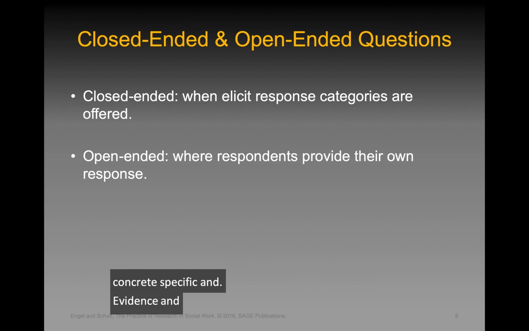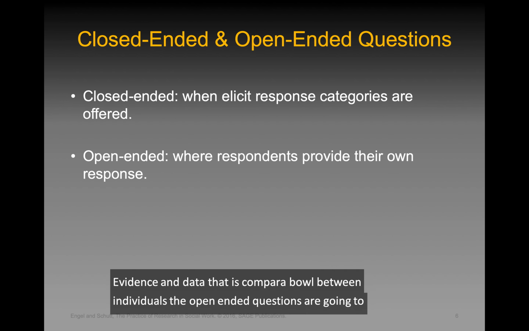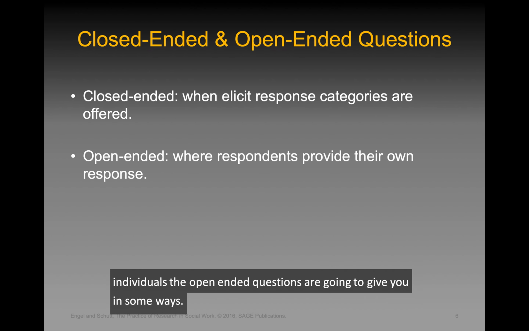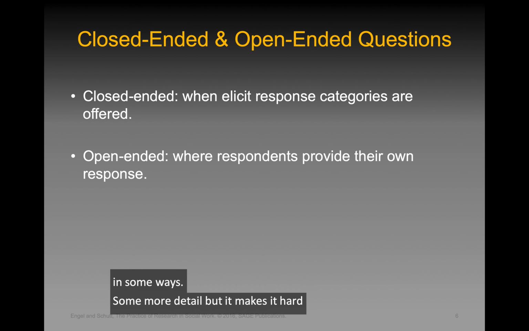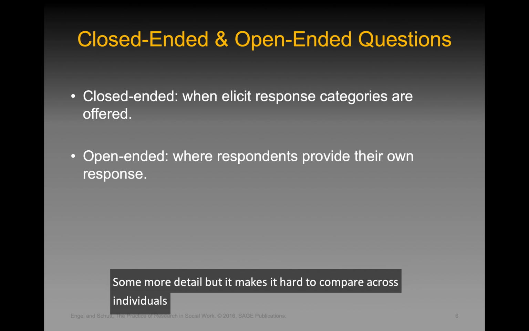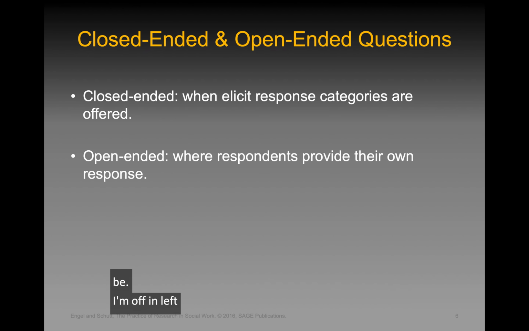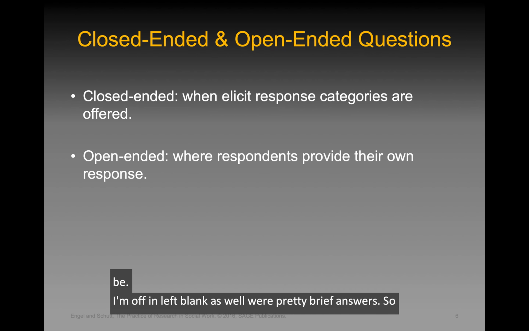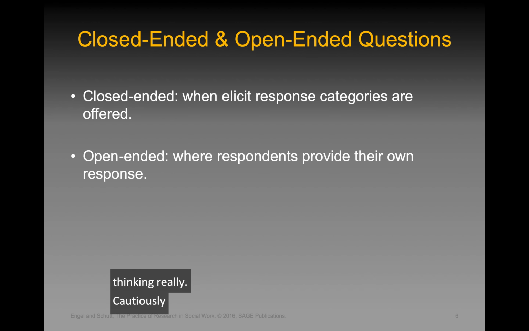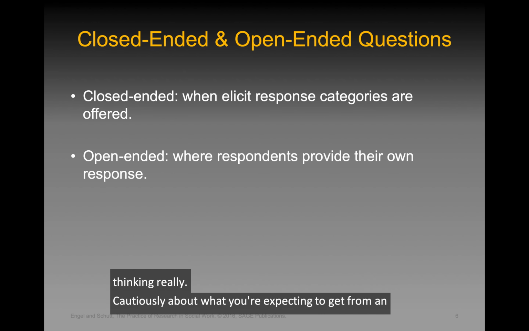The open-ended questions are going to give you, in some ways, more detail, but it makes it hard to compare across individuals. And so open-ended questions in a survey can often be left blank as well, or get pretty brief answers. So thinking really cautiously about what you're expecting to get from an open-ended question is also probably a good practice.